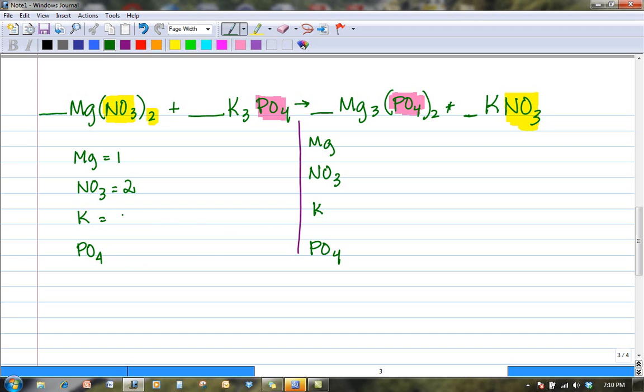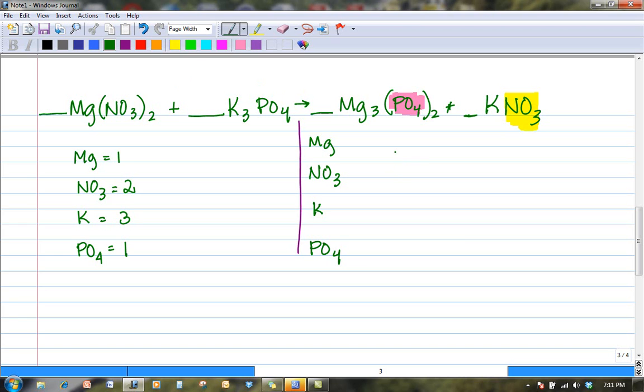I have 3 potassiums, and I have 1 PO4. So notice that in this equation, this PO4 is not in parentheses. That means that we only have 1 of them, whereas this nitrate is in parentheses, and we have a 2 on the outside. That means that we've got more than 1 of that polyatomic ion.